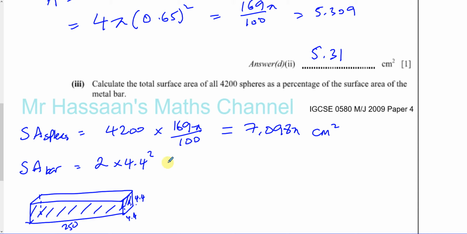And because they're all square faces, all these rectangles here will be the same. You'll have 4 rectangles. Each of them will be 250 times 4.4. So 4 times 250 times 4.4 is the area of the four rectangles. That should give me the surface area of the bar.